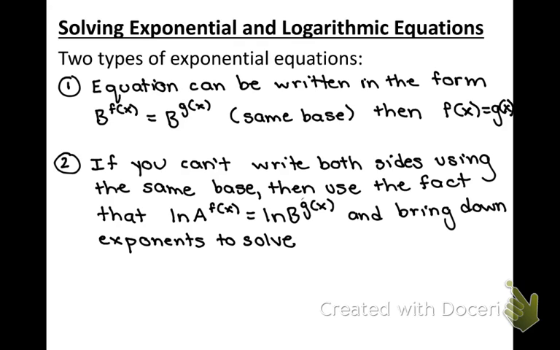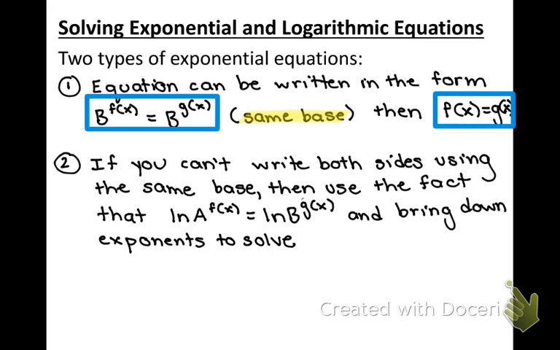So notice that in this setup, we had a to the f of x and b to the g of x. They have different bases. So because they have different bases, essentially I have to take the natural log of both sides. So I have 2 scenarios. My first one is they have the same base. And if they have the same base, I can simply set their exponents equal to each other.